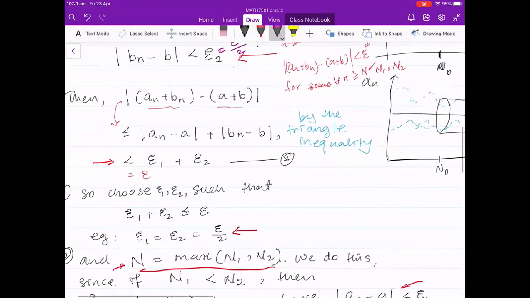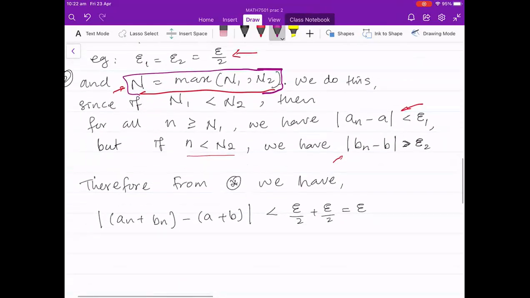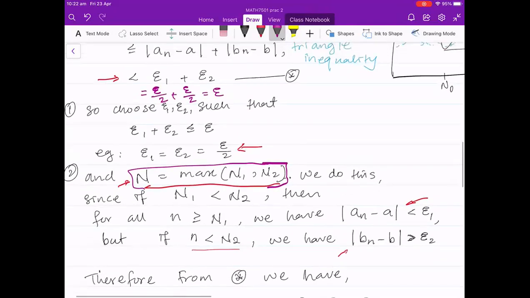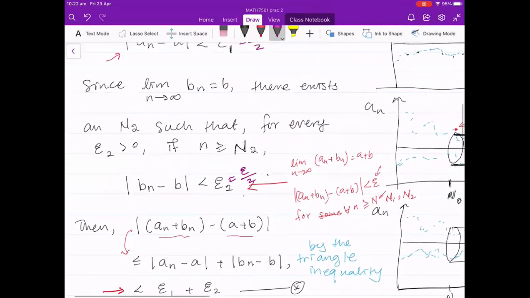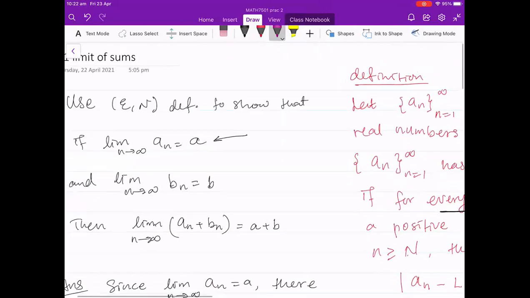Then we come back here, and this is equal to epsilon over 2 plus epsilon over 2, which is equal to epsilon, provided that we choose n as the maximum of n1 and n2. Something similar can be done for the limit of the products as well.